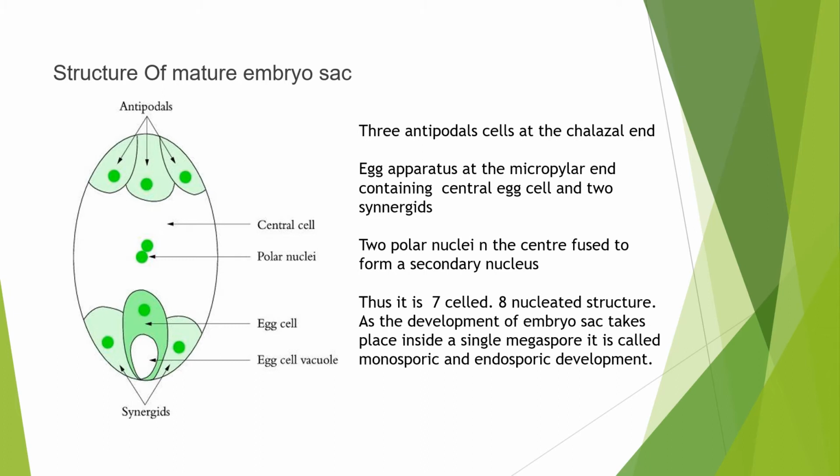Thus, the mature embryo sac or female gametophyte is a 7-celled 8-nucleated structure. As the development of embryo sac takes place inside the single megaspore, it is called monosporic and endosporic development. It takes place from a single megaspore and inside the megaspore.